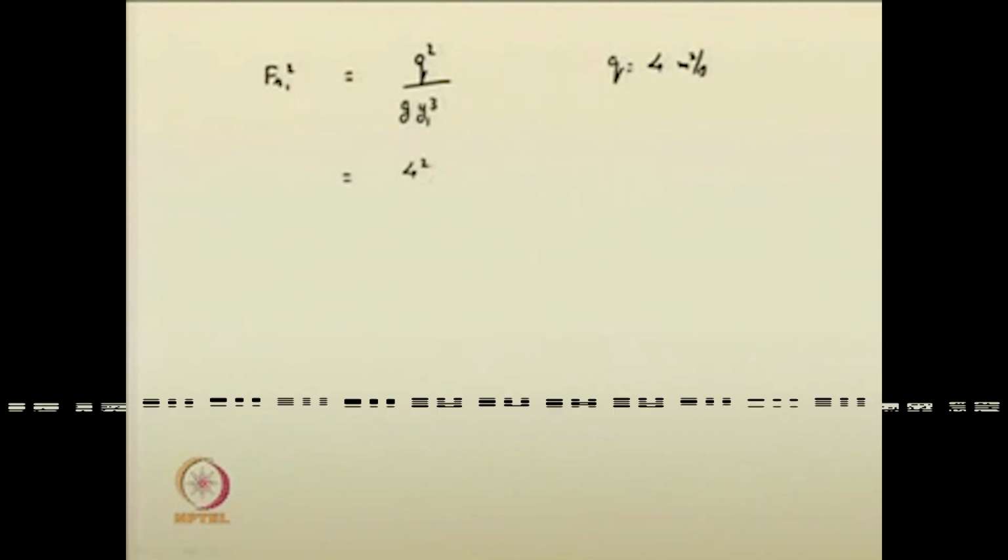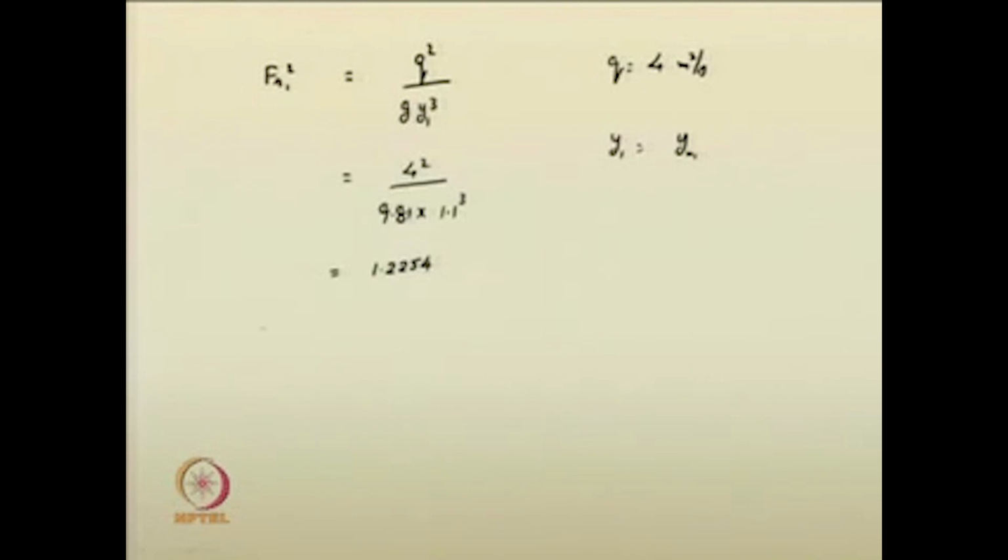So, 4 squared by 9.81 into y1, which is your normal depth in the upstream portion, 1.1 to the power of 3. I am getting the square of the Froude number as 1.2254.